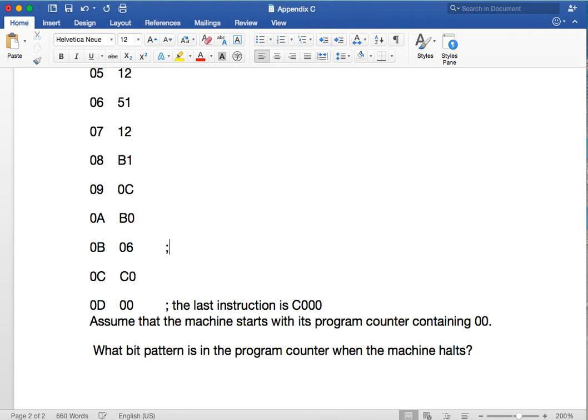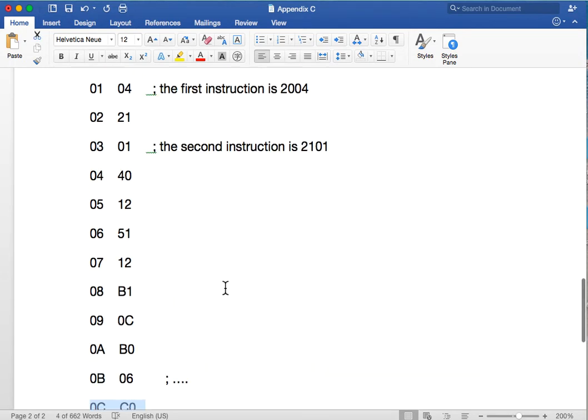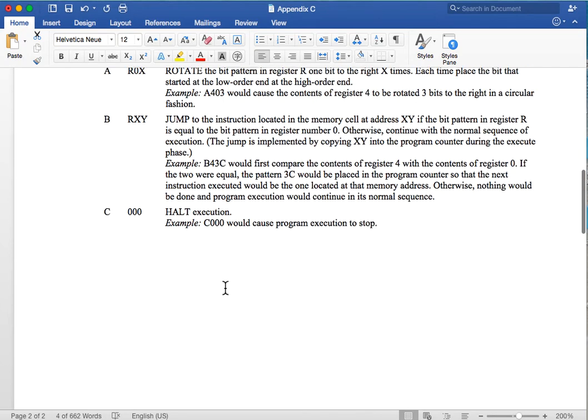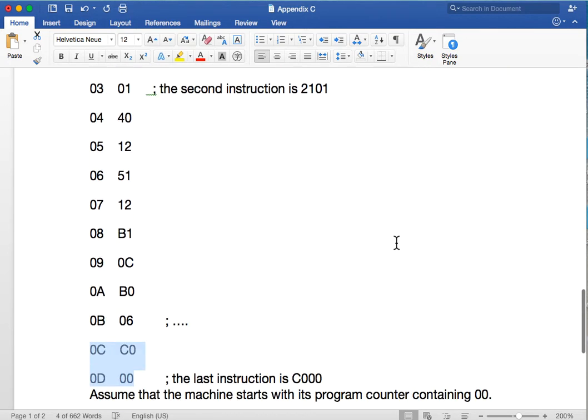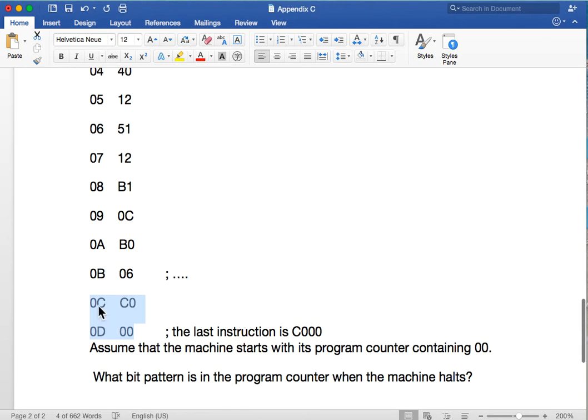If you look at your Appendix C, what does C000 say? C000 means halt execution. The C000 word causes the program execution to stop.